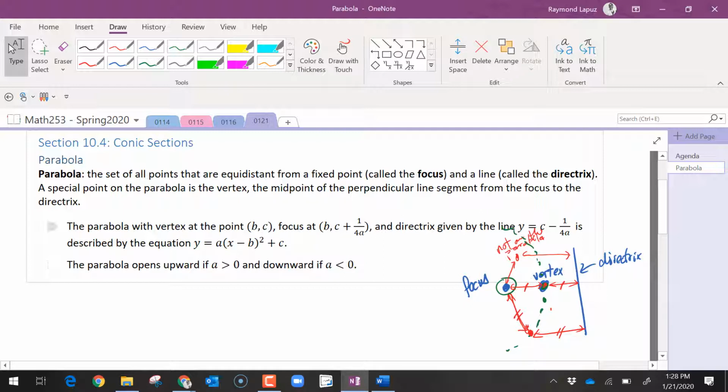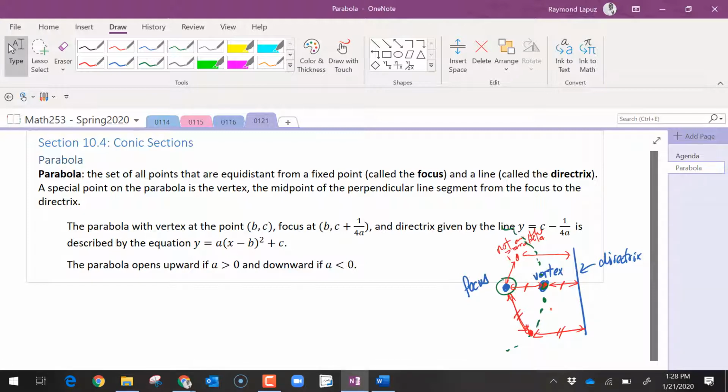And then the directrix is going to be a horizontal line, so y is equal to something. It's described by the equation y = a(x + b)^2 + c, and the parabola opens up or down depending on what a is equal to.